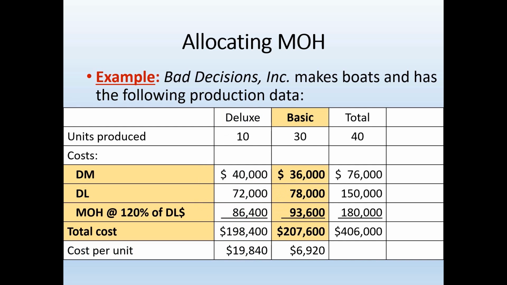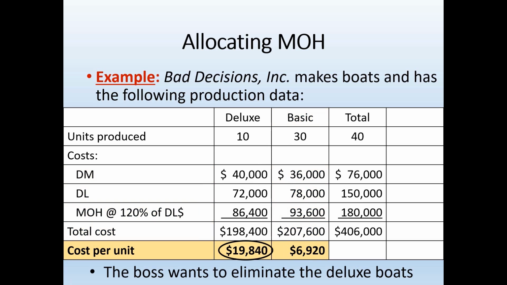We can do the same thing for the basic boats by adding their direct materials and direct labor and allocated manufacturing overhead to get the total for the basic boats, and then dividing that total by the number of basic boats made during the period to get the cost per basic boat. The boss thinks that maybe the firm should stop making the deluxe boats because they're too expensive.